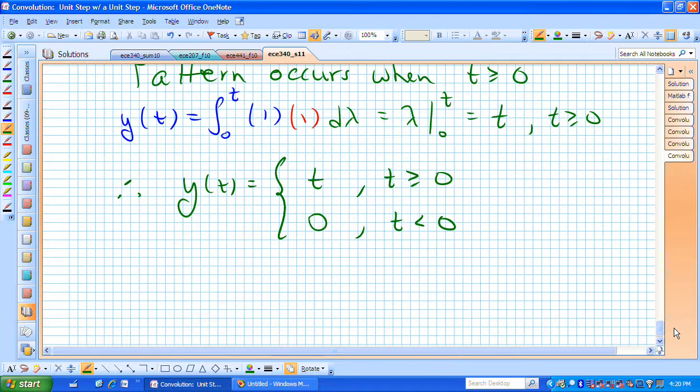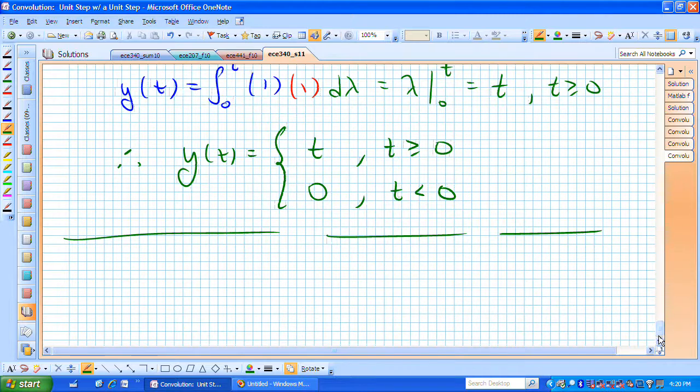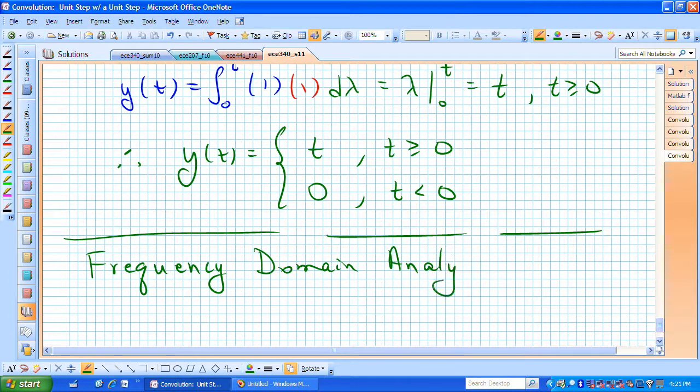We've now done the evaluation two different ways in the time domain, analytically and graphically. Let's now look at evaluating this convolution of 2 unit steps in the frequency domain. Let's do some frequency domain analysis.